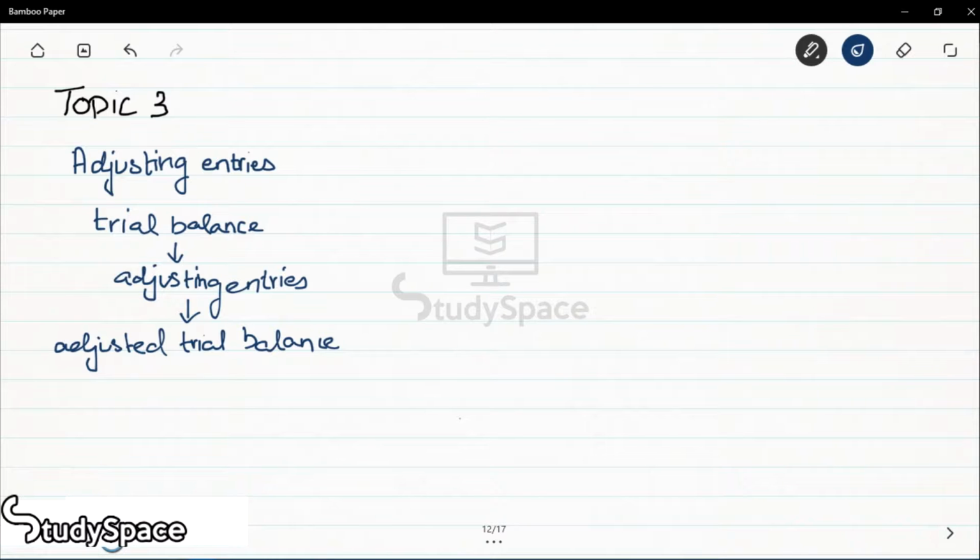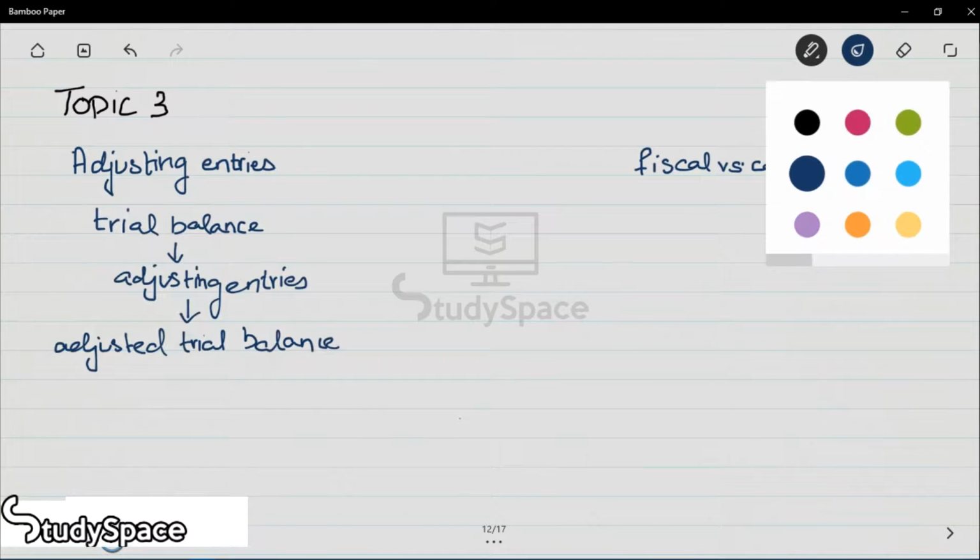The first rule that we will be studying is the fiscal versus the calendar year rule. In this rule, we basically understand that accounting years are divided into particular time periods. They can be longer or shorter than a normal year.